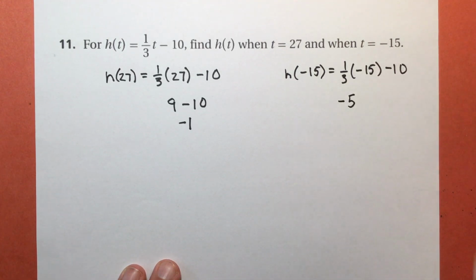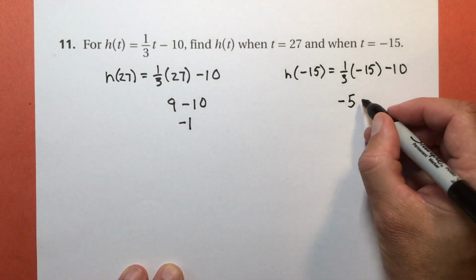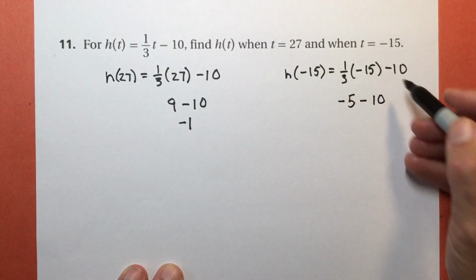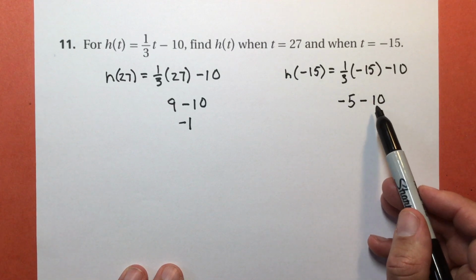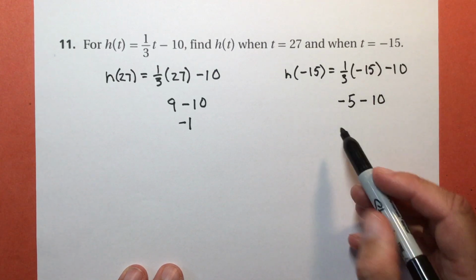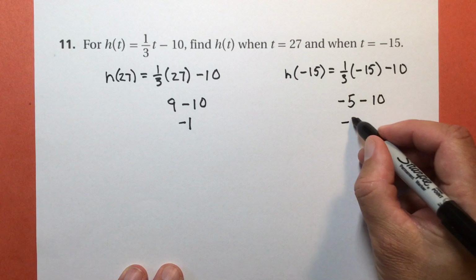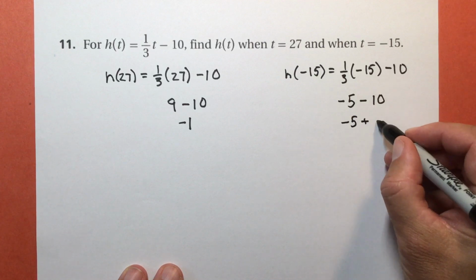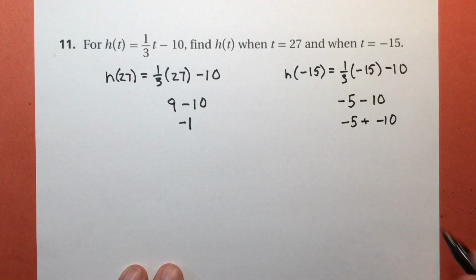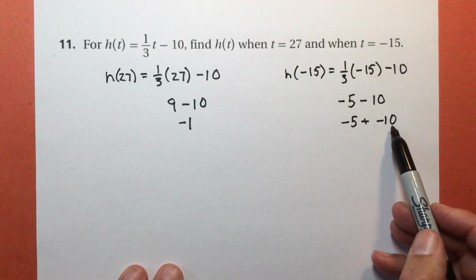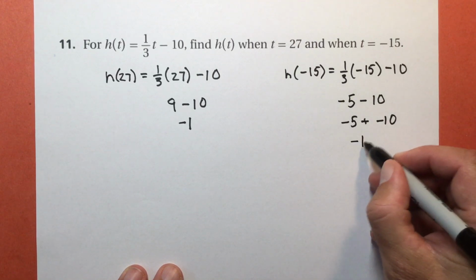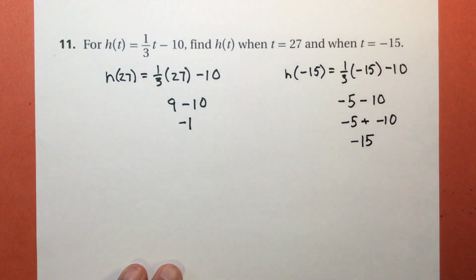So I get -5. And that's -5 subtract 10. Now the next part, -5 subtract 10, I know this gets a little confusing. One way to think of it is this is -5 plus -10. So if I owe someone $5 and I owe someone else $10, I owe a total of 15, which means -5 minus 10 equals -15.